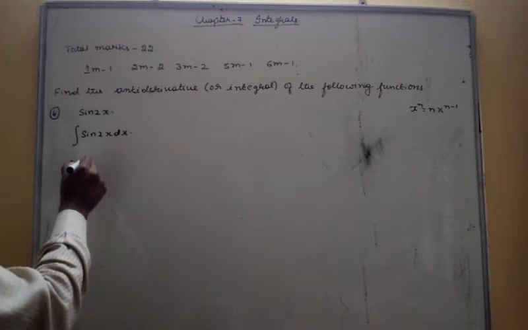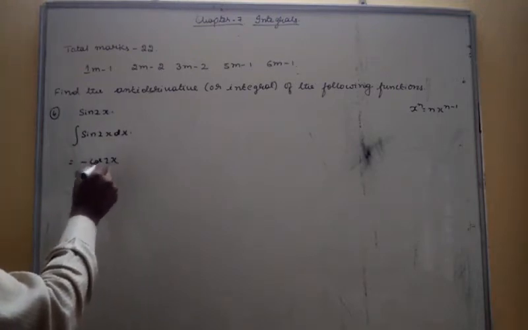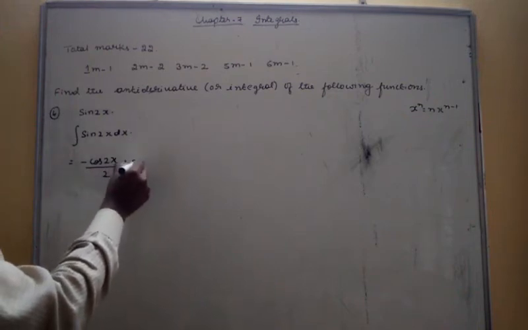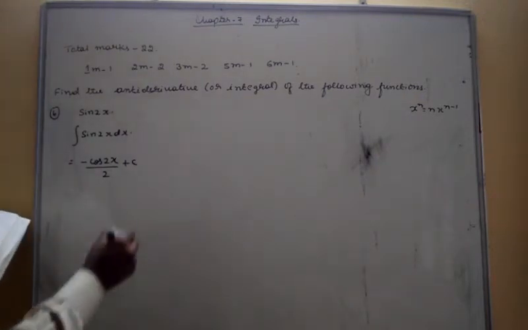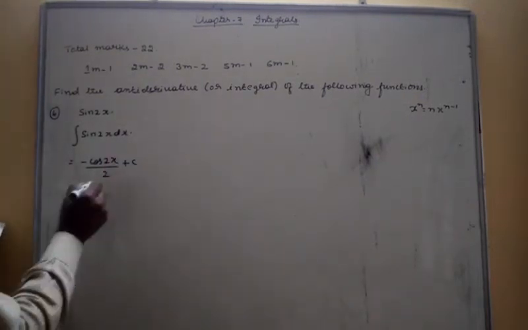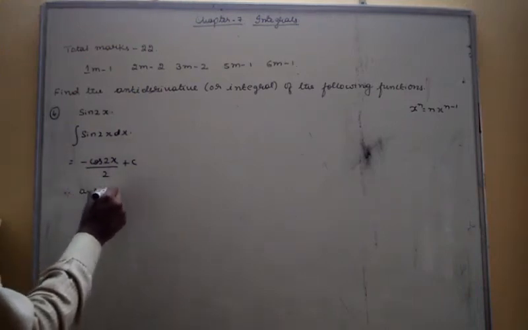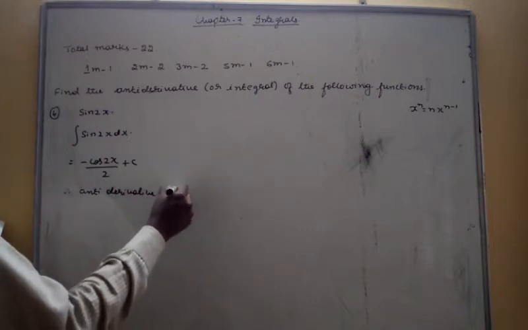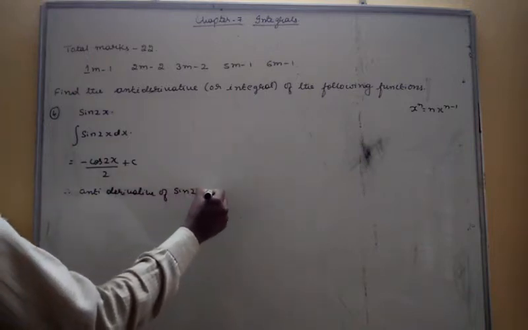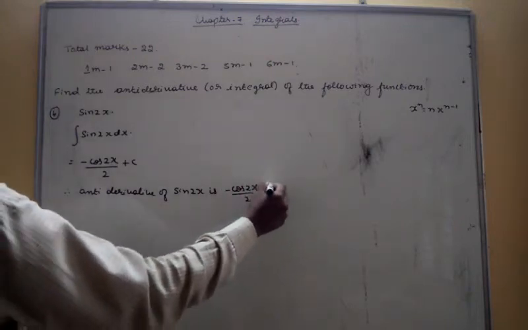The integral of sin is minus cos 2x by 2 plus c, because there is a 2 with x, so we have to divide by 2. So the antiderivative of sin 2x is minus cos 2x by 2 plus c.